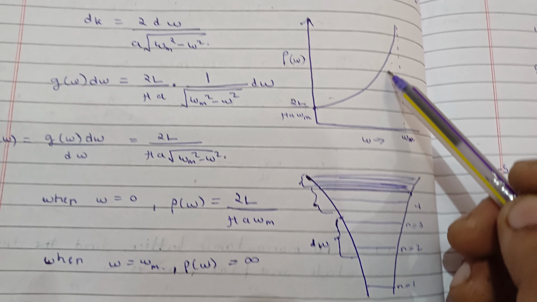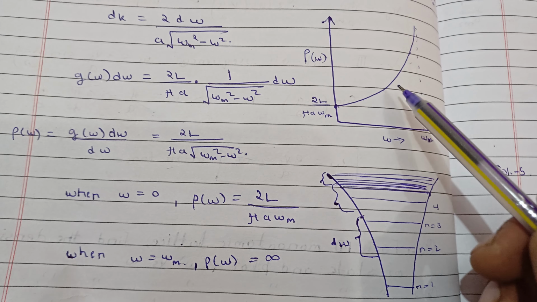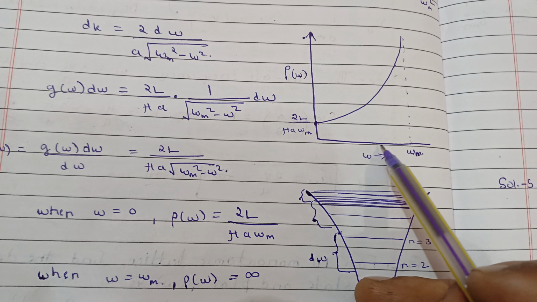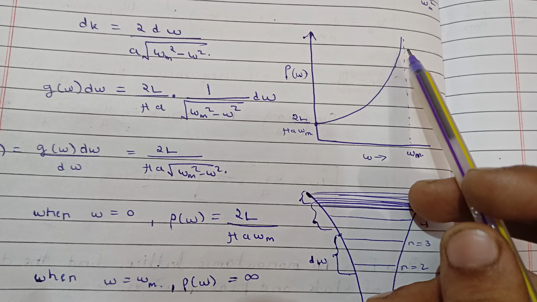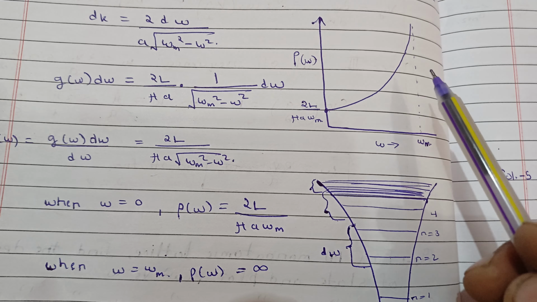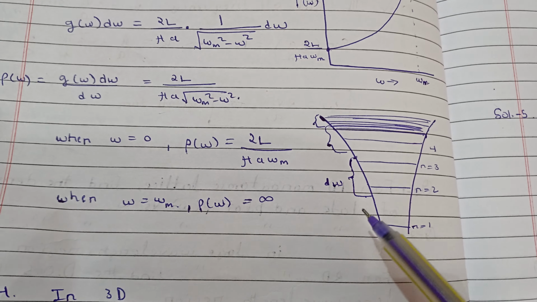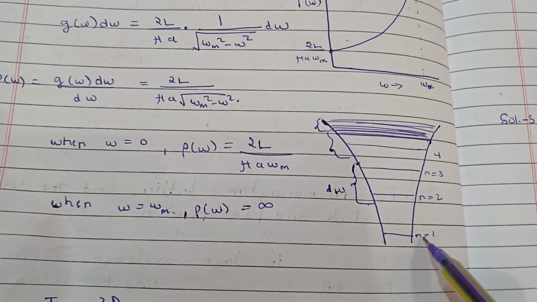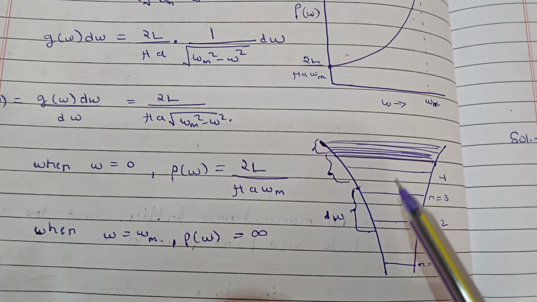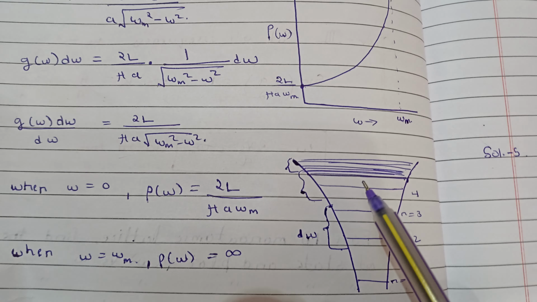This is just mathematical. Now if we need to understand its significance: when the frequency is increasing, the number density goes to infinity, meaning at omega m the number density will be infinite. If we see it this way, for the first mode, 1, then 2, then 3, the number lines come together, meaning they come close.